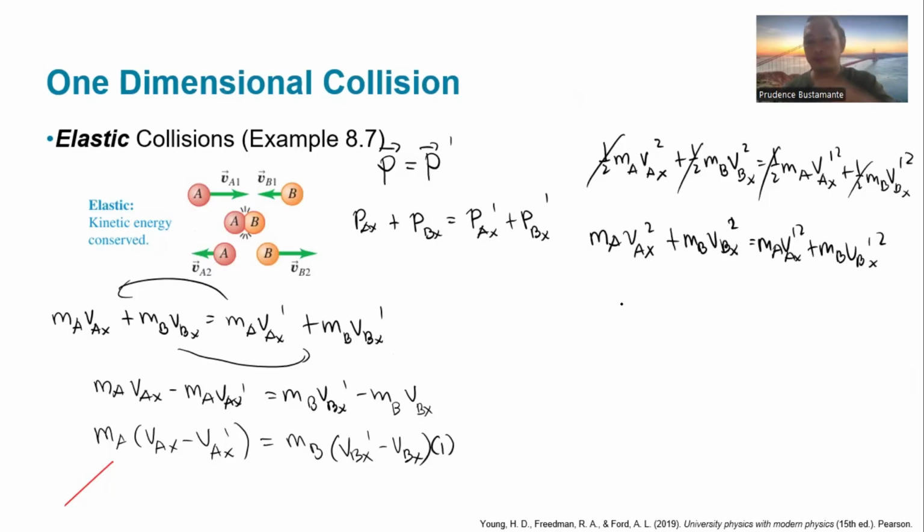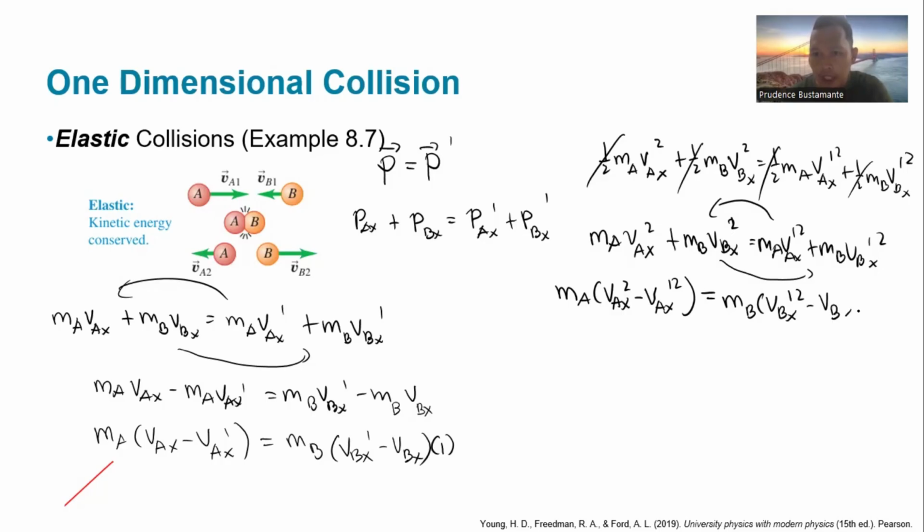So if we are going to combine like terms, we have MA just like this one, VAX squared minus VAX prime squared, because we transpose this one to the other side, is equal to, transposing this one to the other side, MB VBX prime squared minus VBX squared.